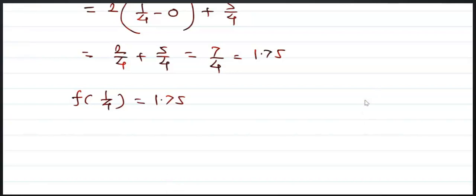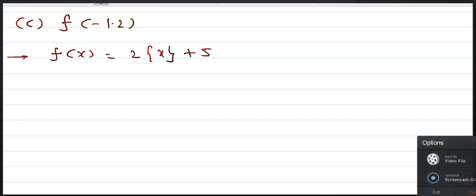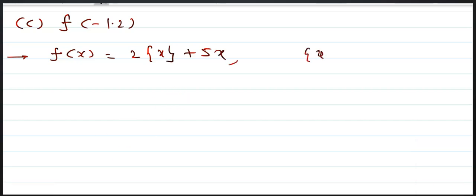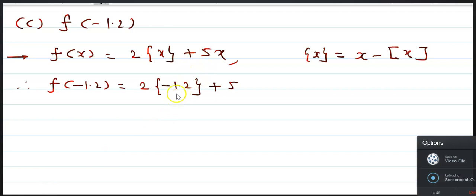Now next, see, f of minus 1.2. Now what is our function? 2 times the fractional part of x plus 5x, where the fractional part is equal to x minus the integral part of x. Therefore f of minus 1.2 is equal to 2 times the fractional part of minus 1.2 plus 5 into minus 1.2.